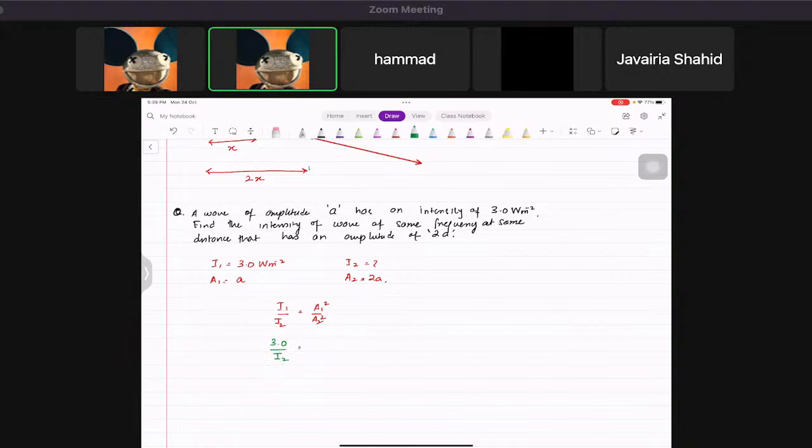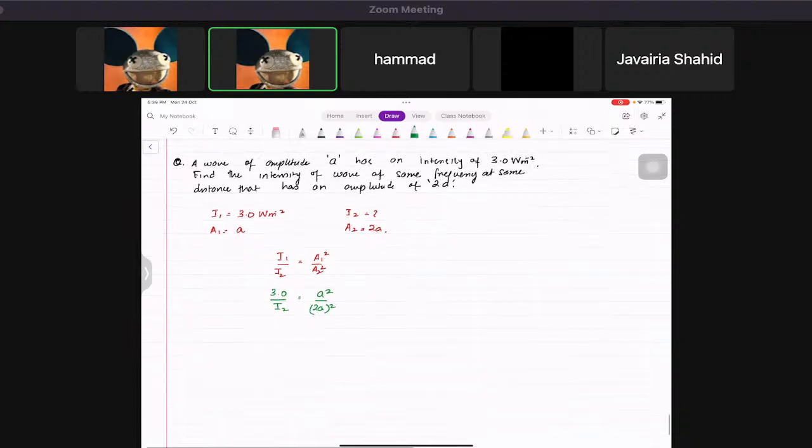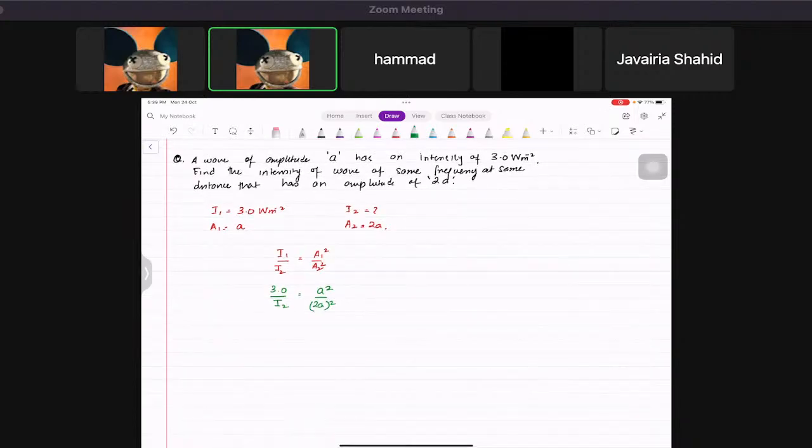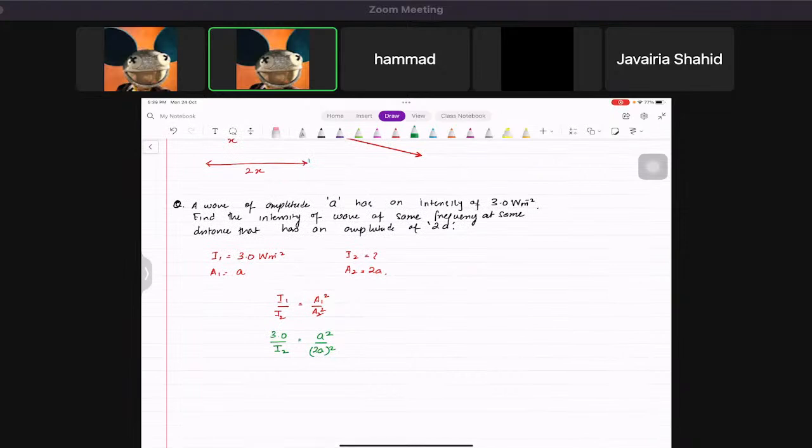A1 was A square, and now A2 is 2A whole square. So 3.0 over I2 is equal to A square over 4A square. A square and A square will cancel out. So I2 will be equal to 4 times 3.0. So hence it becomes 12 watts per meter square.